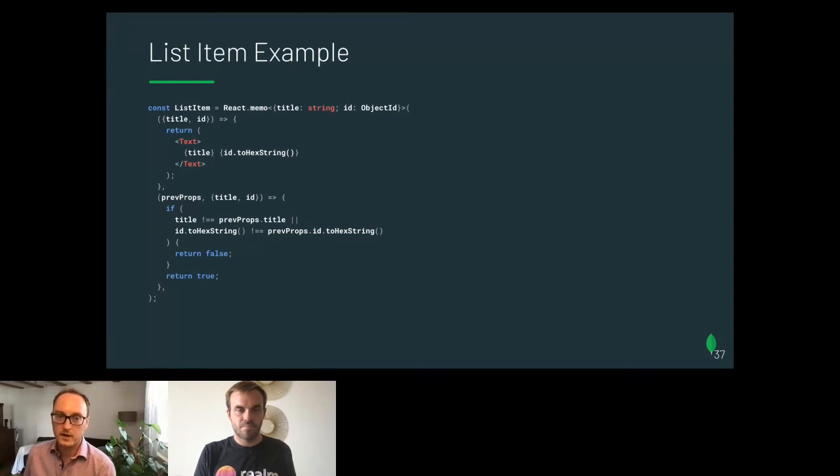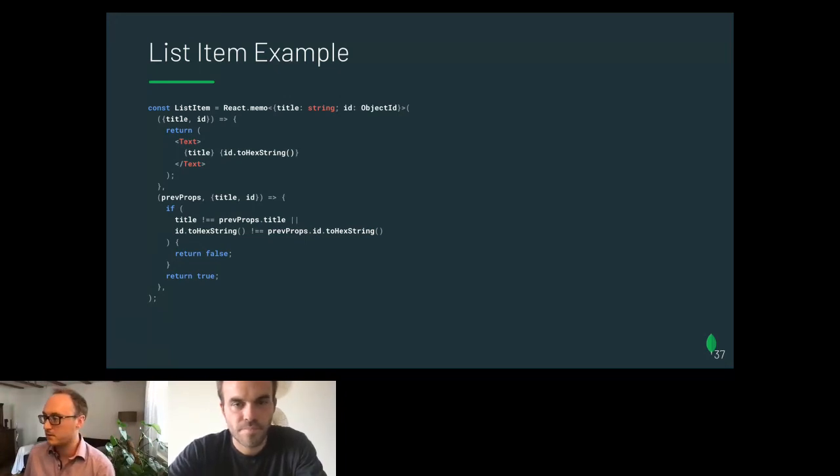So this is using React.memo, and it will only render if that title changes or if that ID changes, which it shouldn't change. Basically, this looks at: is the title different? Are the IDs different? If they're not, return true. If any of them changed, return false. And that will cause the re-render.